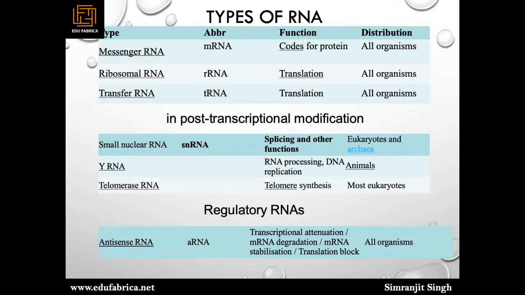These are the various RNAs present on the chromosomes, mainly used for telomere synthesis. On your chromosome, there's a satellite present on the top for that, and the RNA is needed for RNA processing, DNA replication, mostly used in animals, where the snRNA is used for splicing and other functions.